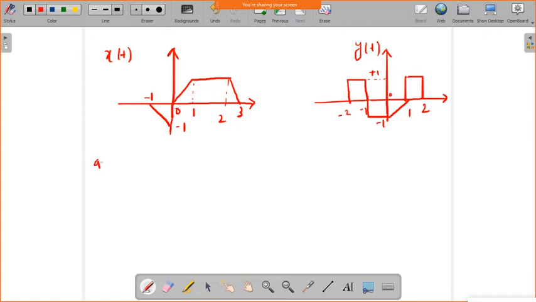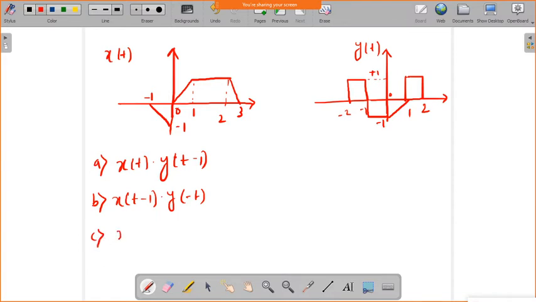One by one I'll do, and the others you try to do. What we need to do: first, x of t into y of t minus 1. Second, x of t minus 1 into y of minus t. Third, x of t plus 1 into y of t minus 2.